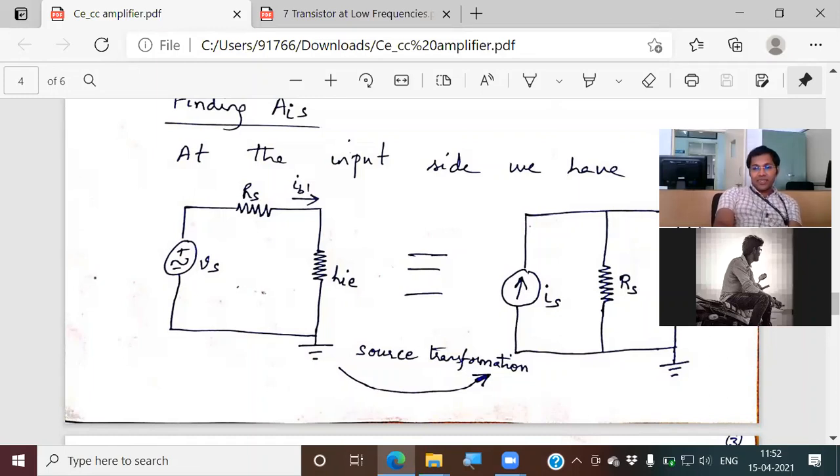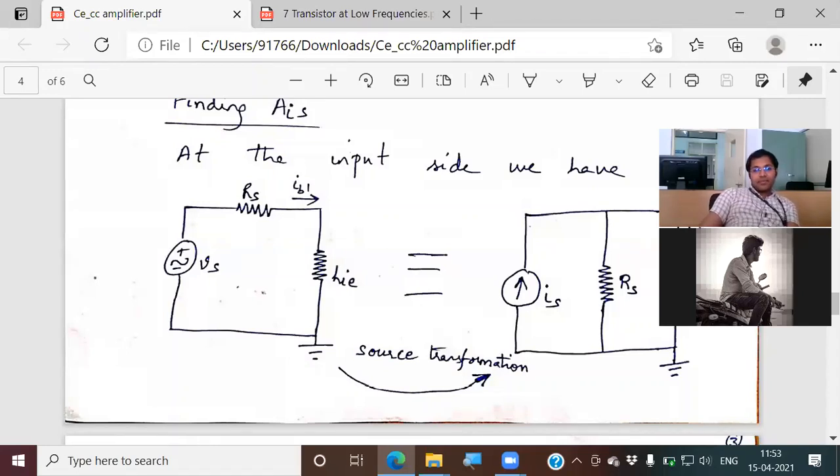As per the current division rule, the current flowing through one branch resistor, IB1, will be equal to the total current, which is IS, multiplied by the other resistor RS, divided by the sum of these two resistors. So, anybody tell me what is IB1 here?